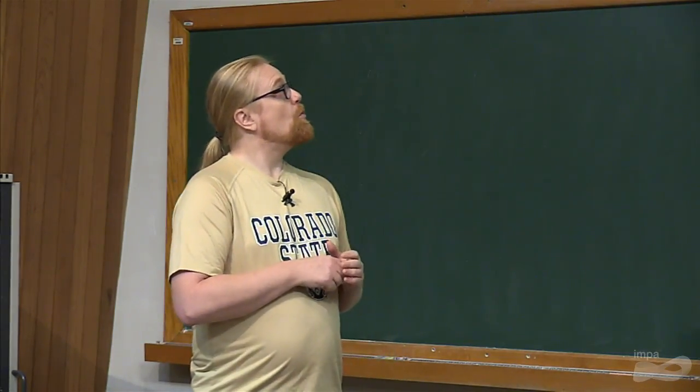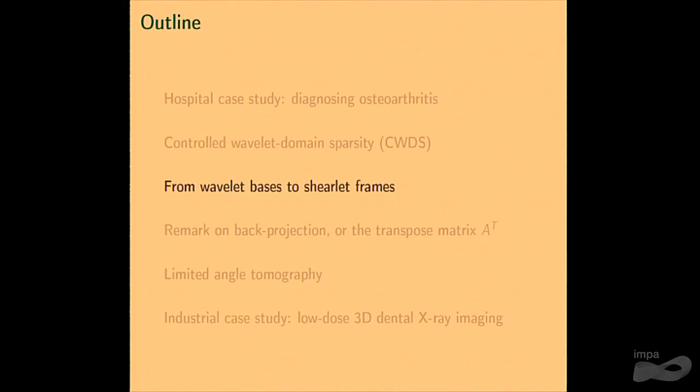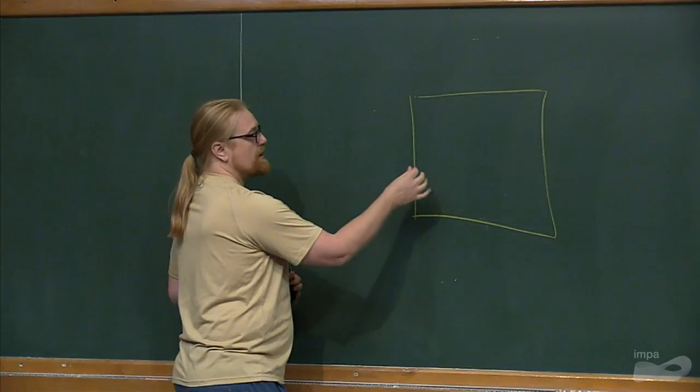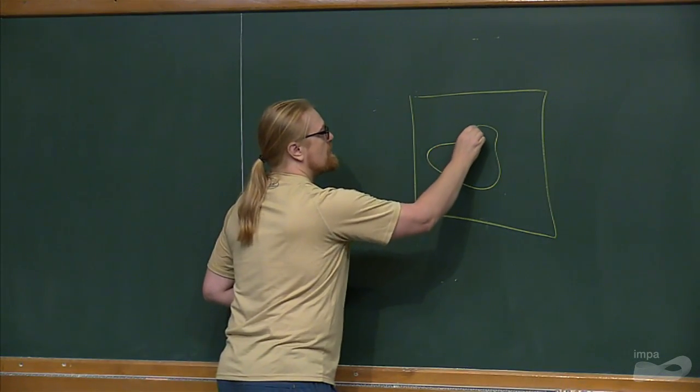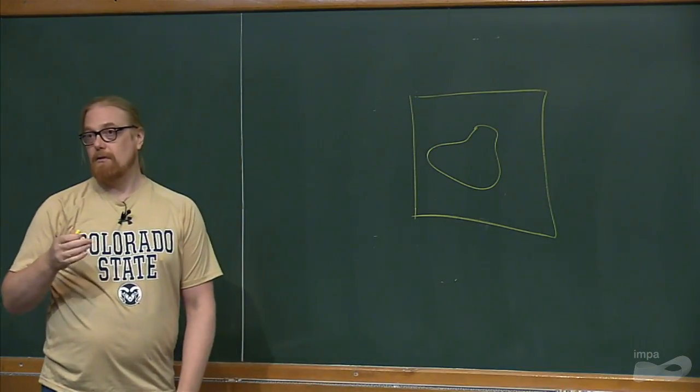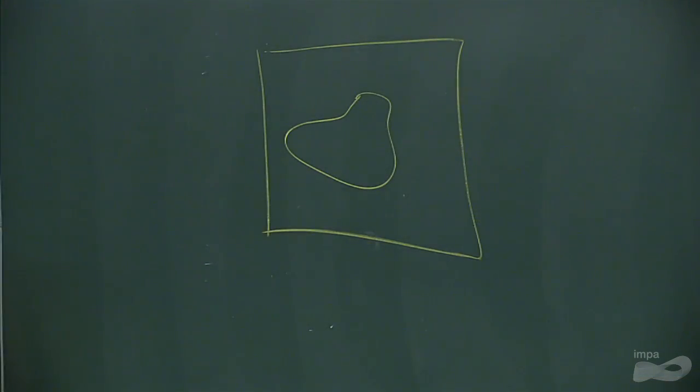Okay, then we also wanted to look a little bit at shearlets, because shearlets, as opposed to wavelets, I mean, typically in our target area, we have jumps on curves, maybe boundaries between tissues or otherwise between different domains where the attenuation coefficients have different values.